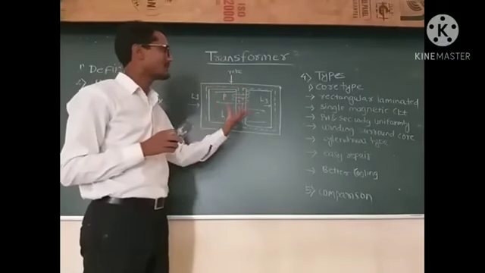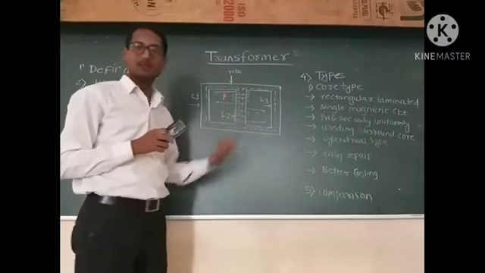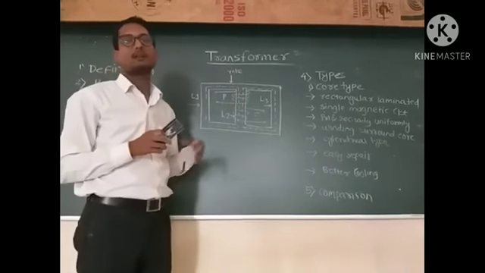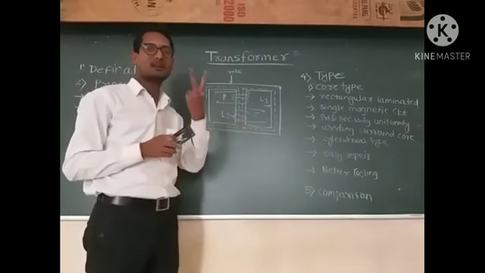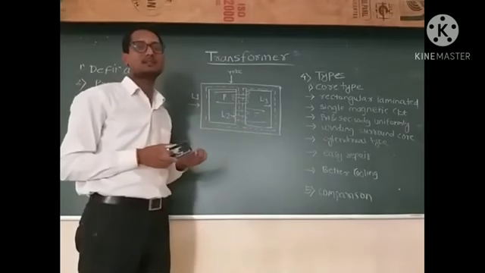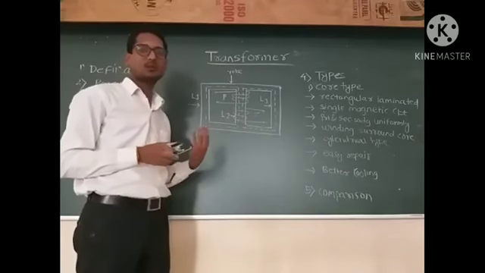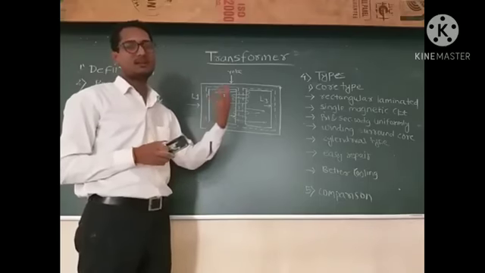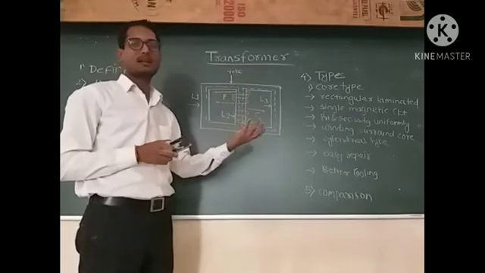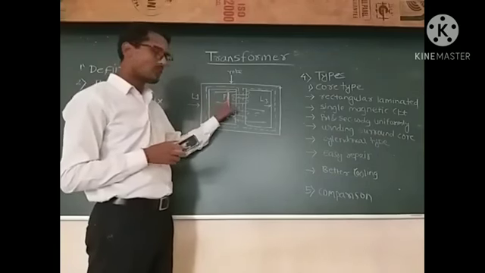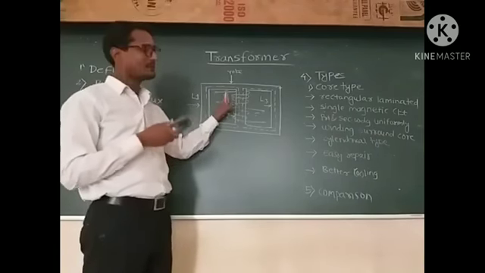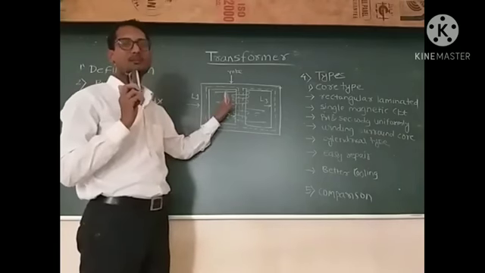The core type transformer has a single magnetic circuit, while in the shell type of transformer there are two magnetic circuits present. In core type of transformer, cylindrical concentric type of winding is used.